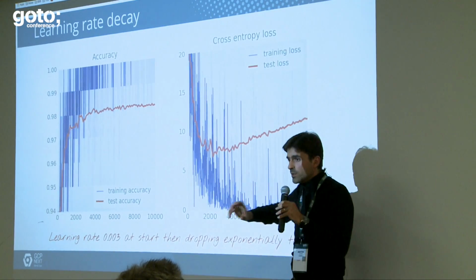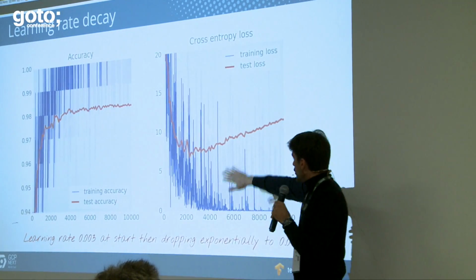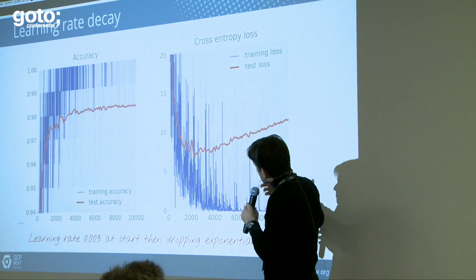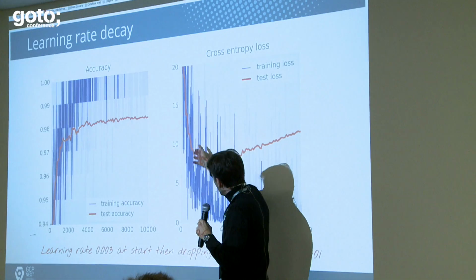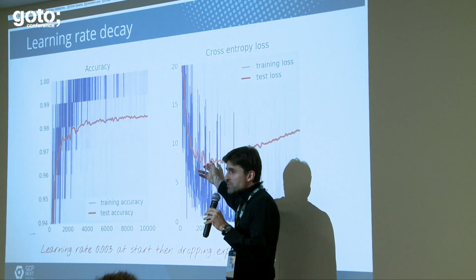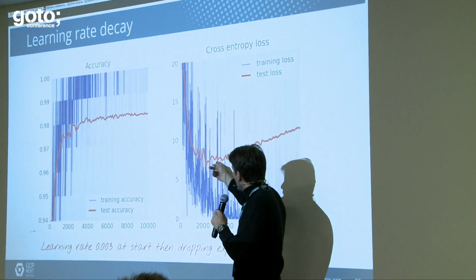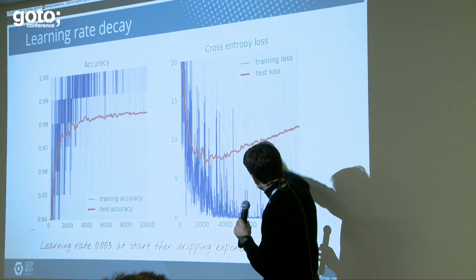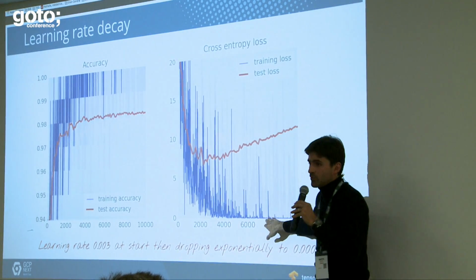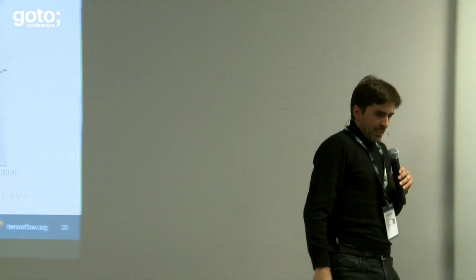The algorithm is only working on training examples. It never touches test examples. So it's kind of a good thing that the test performance follows, but without surprise, at one point it stops following and disconnects from the training performance.